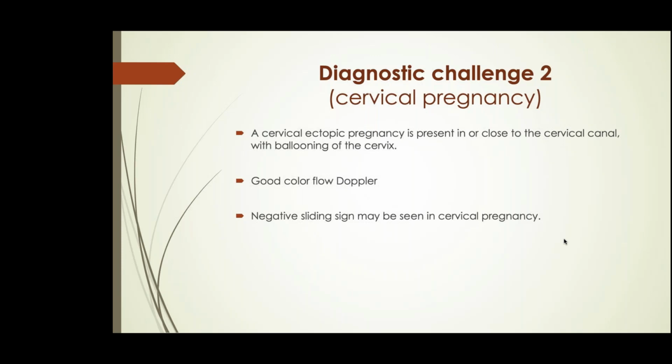This is absent with cesarean section scar. The same will be in both with good color blood flow. Again, the same in both with a negative sliding sign. So the differentiation here is the ballooning of the cervix.